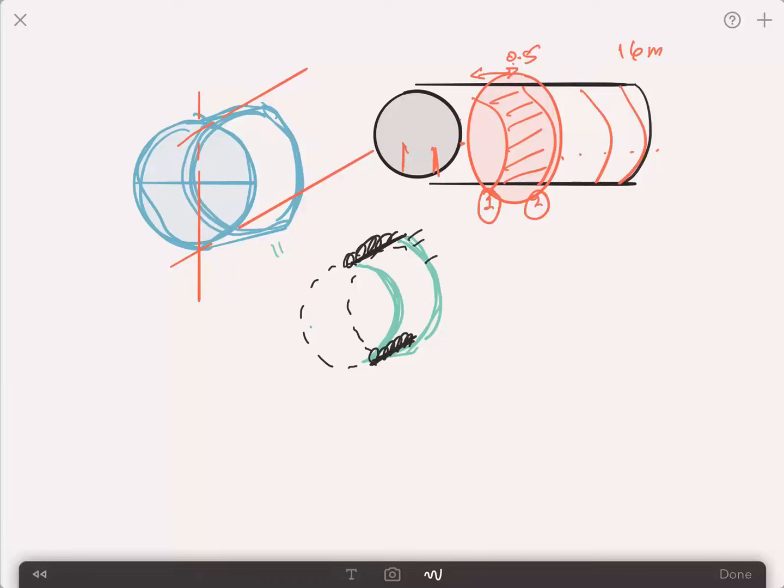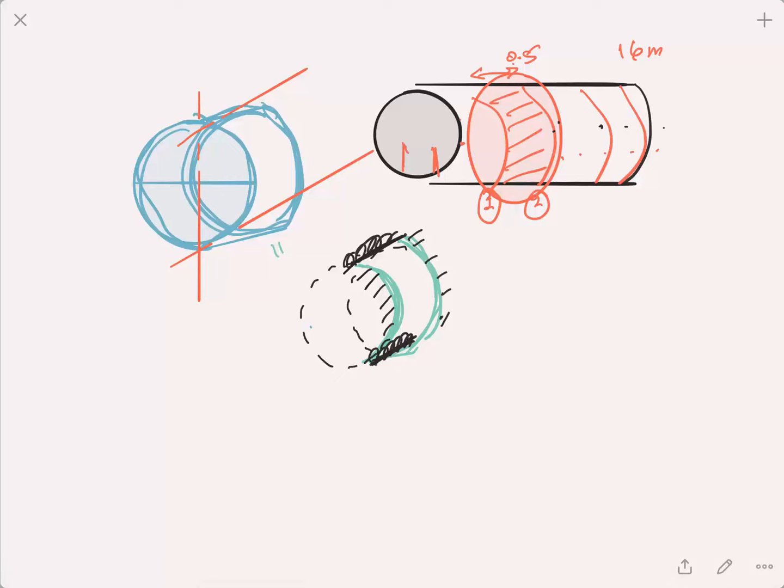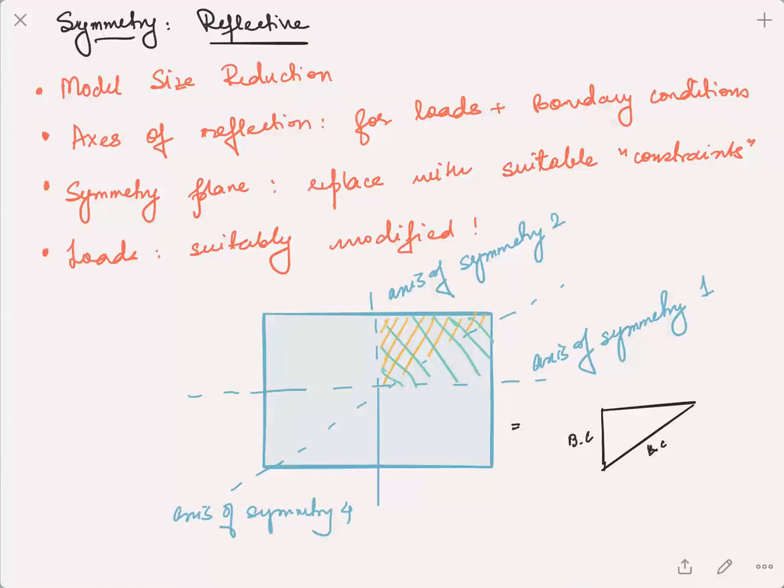And the same thing in these directions would be continuous. This was an equation, not a symmetry condition, because you want it to be repeating units. So when you replace a certain axis of symmetry, you have to replace it by means of suitable constraints. The constraints have to be suitably modified and the loads themselves also have to be suitably modified. And that is something that we are going to deal with in the class today.